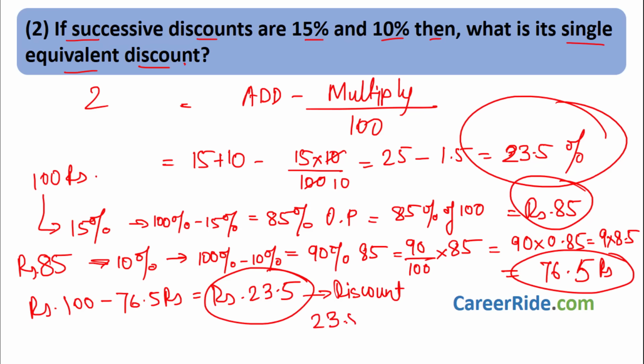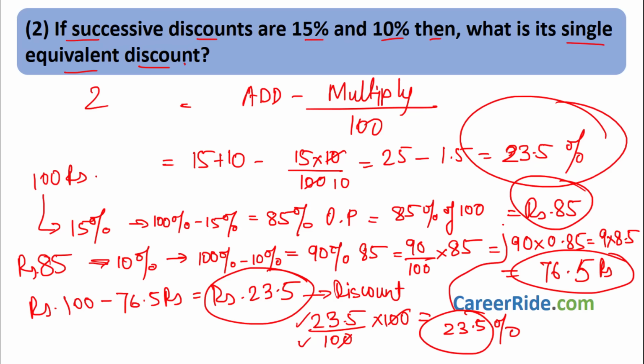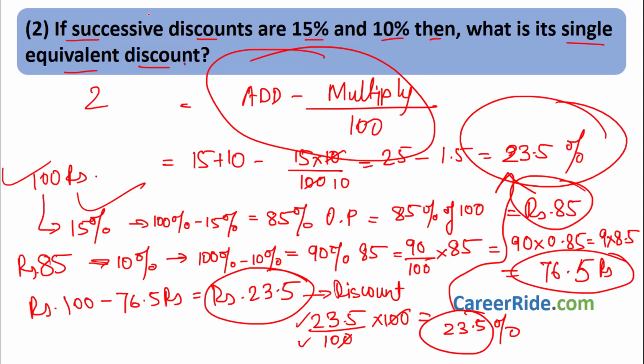Very easy, quantity 1 upon quantity 2, and since we want percent, multiply by 100. What do we get? 23.5%, which is nothing but what we calculated earlier. So see, instead of calculating in such a big manner, it is much better to use this formula for finding successive discounts. It is very easy to remember.